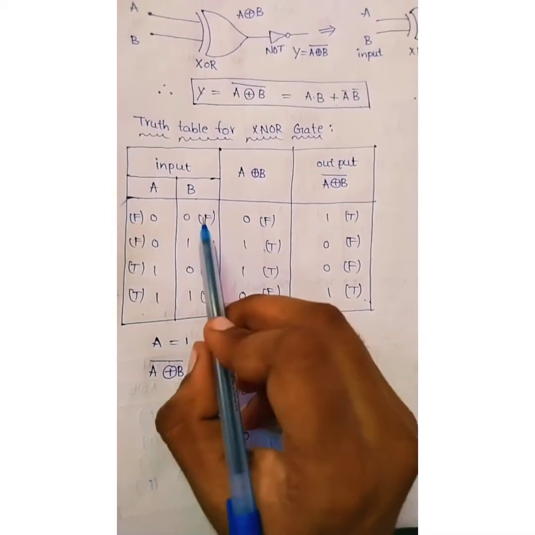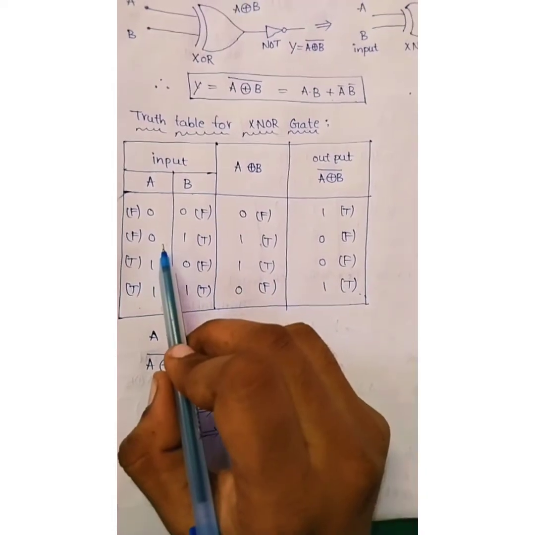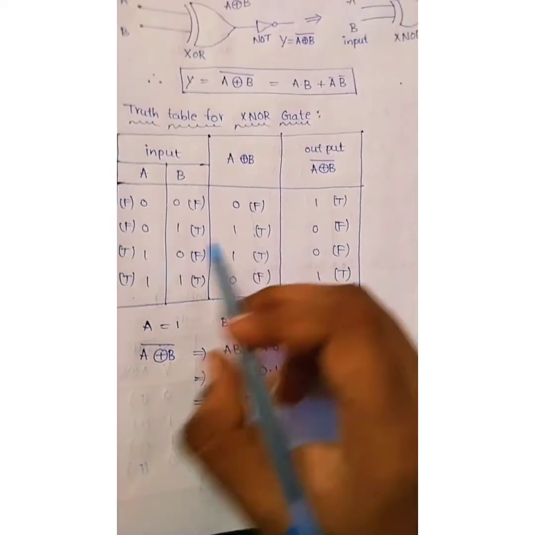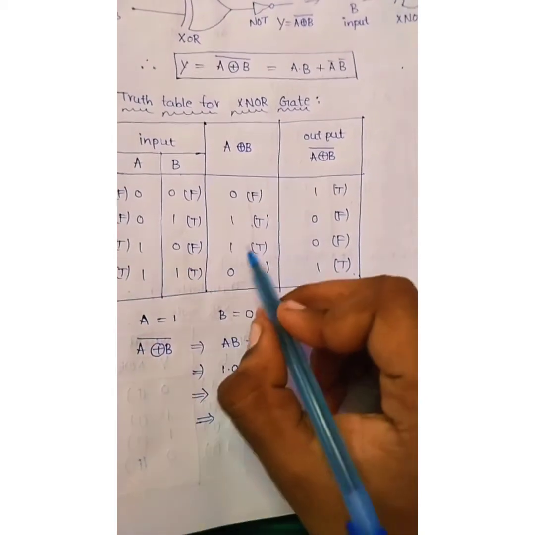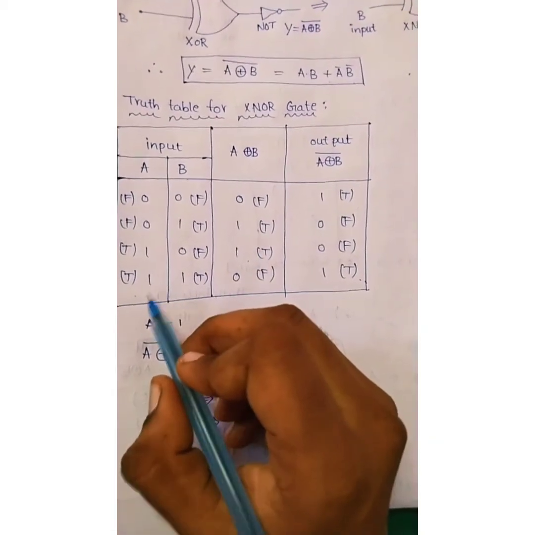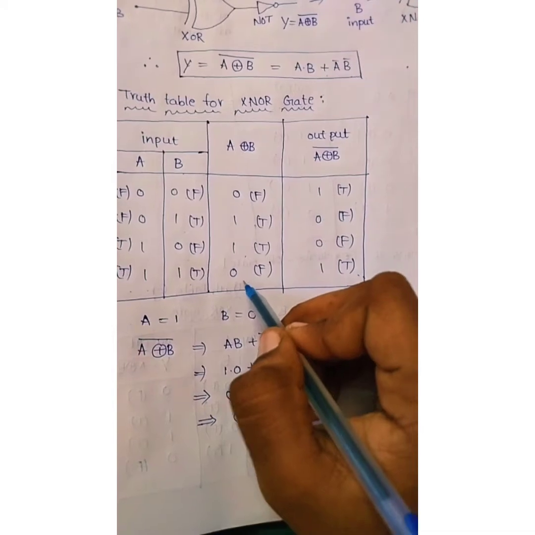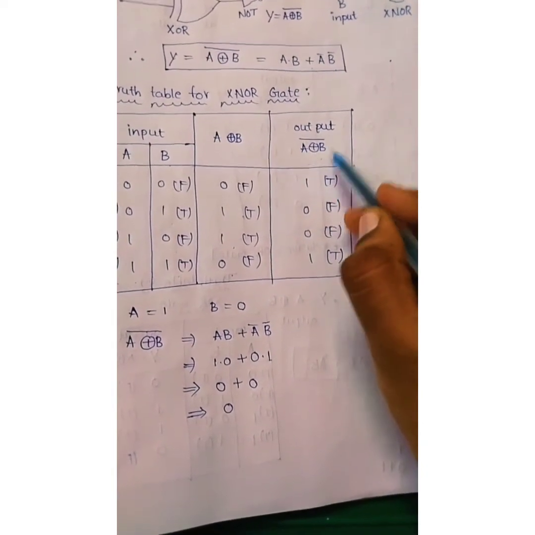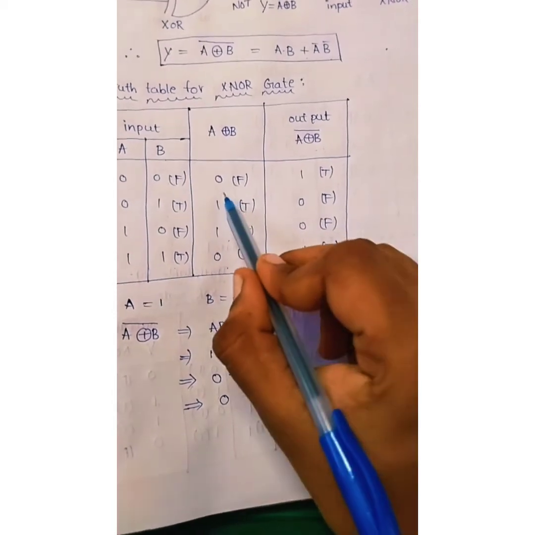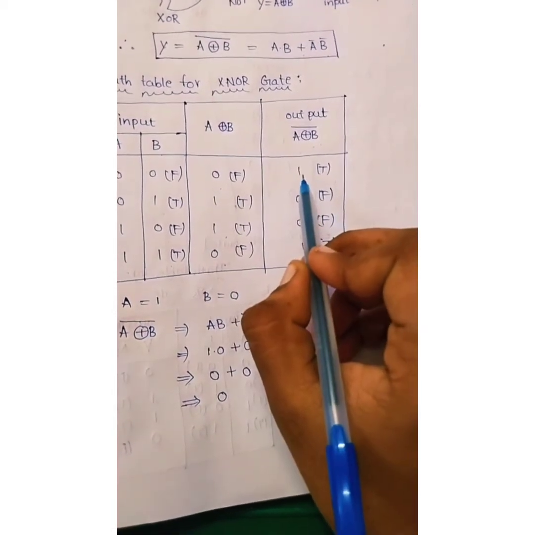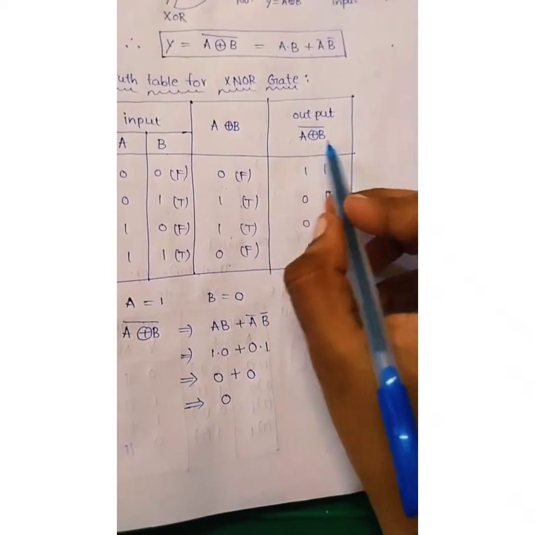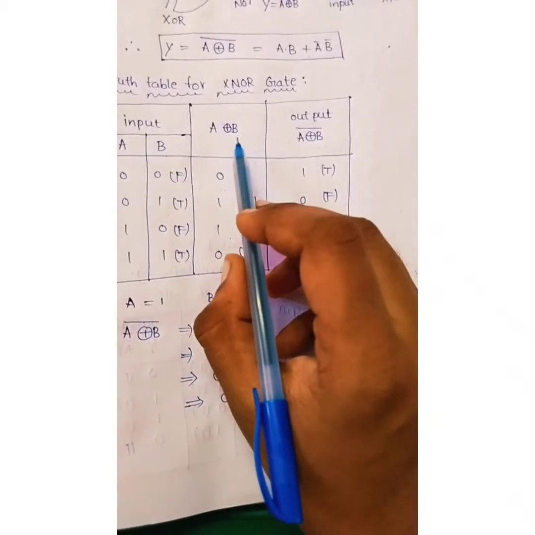The input 1, 0, A XOR B is 1. Inputs 1, 1, A XOR B is 0. Then finally the output we find is A XOR B bar, the reverse of A XOR B.